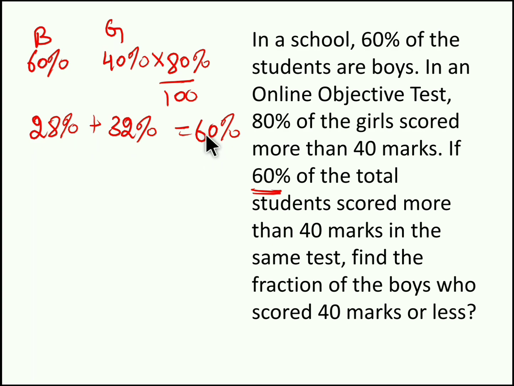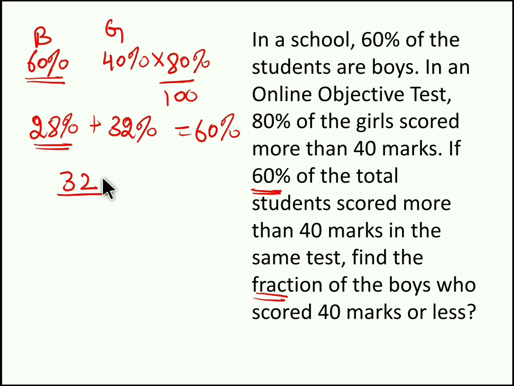So totally it is 60% of students who scored more than 40 marks. Find the fraction of boys who scored 40 marks or less. So you have to find the fraction of boys who scored below 40. Out of 60% boys, 28% boys scored more than 40. So the percentage of boys who scored below 40 will be 60 minus 28, which is 32%.